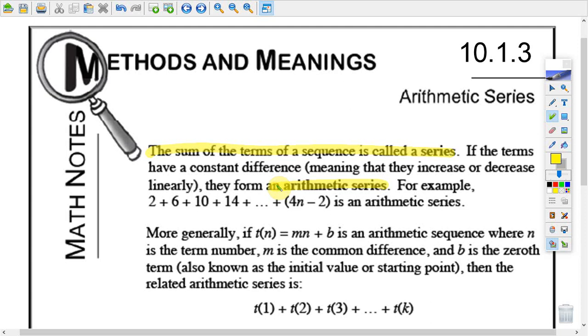It's an arithmetic series. For example, the series 2 plus 6 plus 10 plus 14 is an arithmetic series, because 2 plus 4 gives us 6, 6 plus 4 gives us 10, 10 plus 4 gives us 14, and so on.